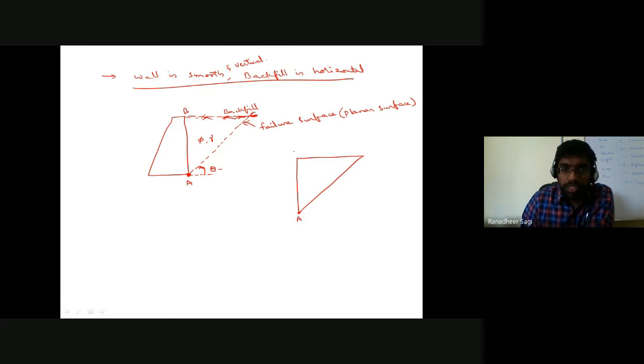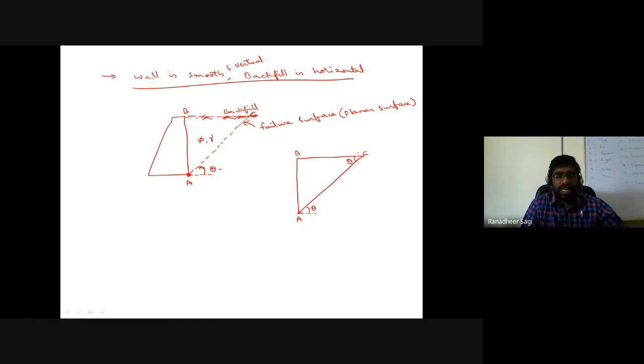This is your soil wedge ABC. Okay, so this angle is theta, or otherwise this angle is also theta.